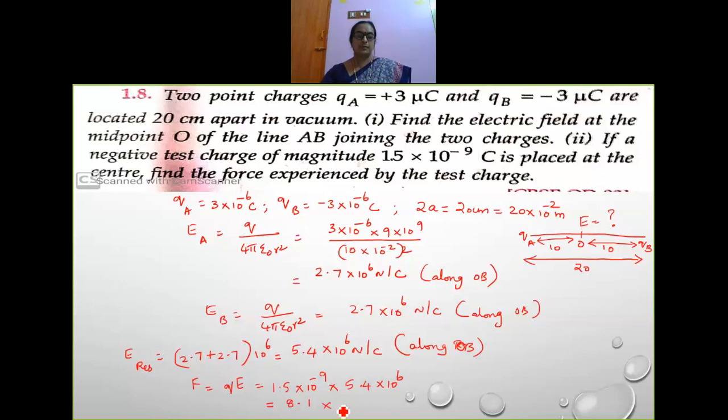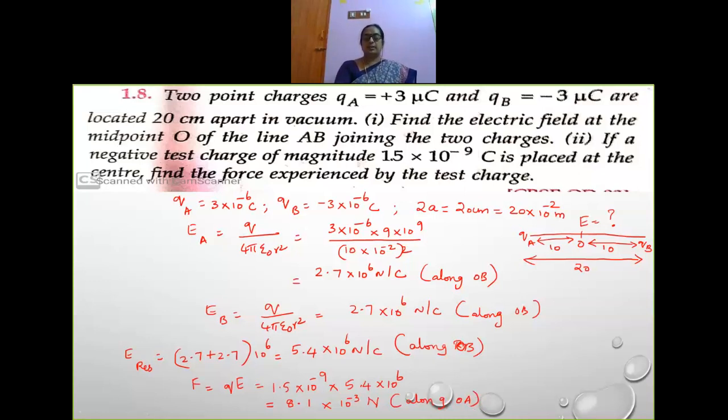And when you take the powers, it is 10 power minus 9 into 10 power 6, which is 10 power minus 3. Now since you are determining the force, the unit for this is Newton. And what is the direction of the force? It is along OA. Is it clear, children, now?